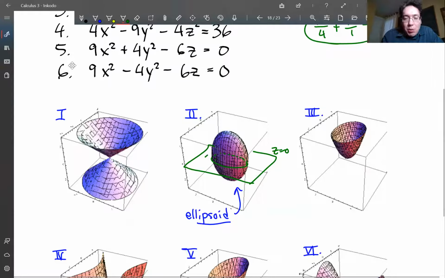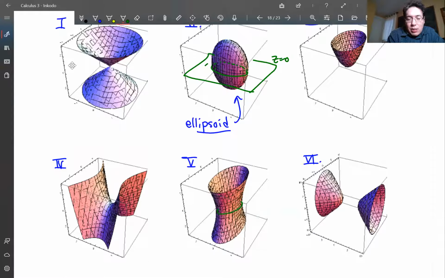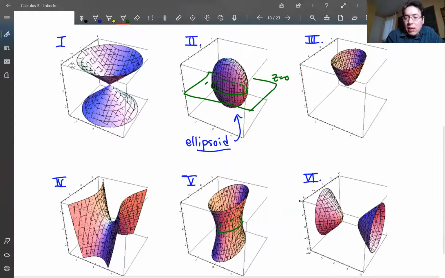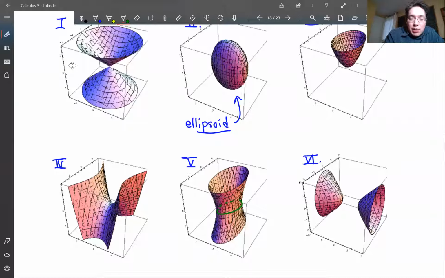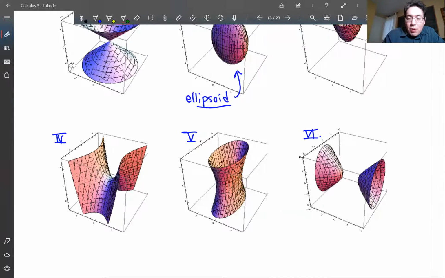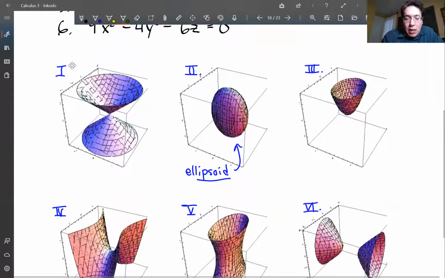So I mean, there's a couple pictures like that. So this one has an elliptic cross section, and this one also looks like it could have an elliptic cross section. So that's not the only picture, but that's one technique that you could use to determine what the cross section looks like.